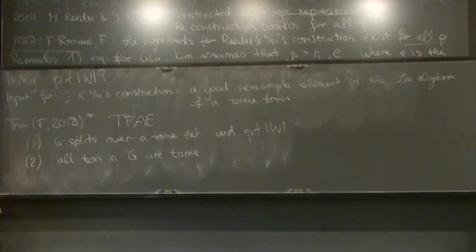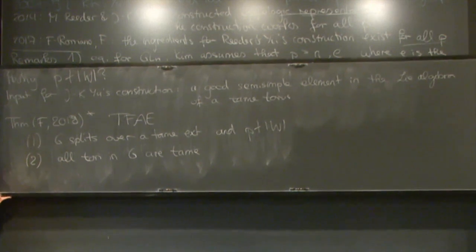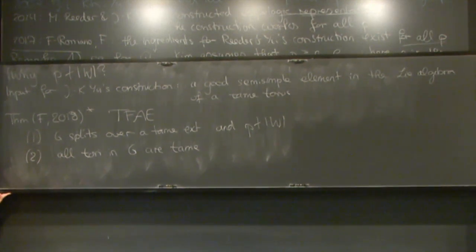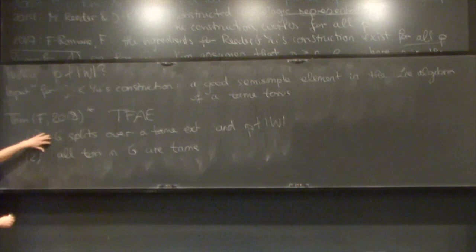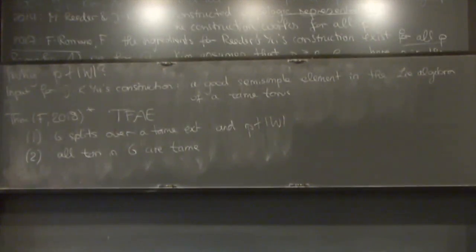And you can look at my paper that already exists. So that means in order to actually get the tame torus that you use, we need to assume that G splits over a tame extension and P doesn't divide the order of the Y group. In other words, when we don't assume this, there are non-tame tori, and I believe you can get something out of them as well.